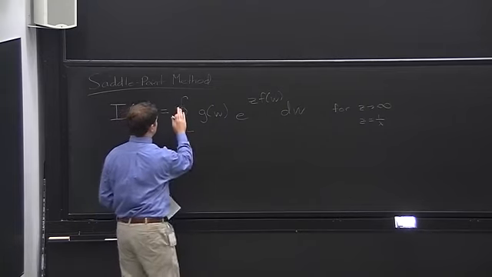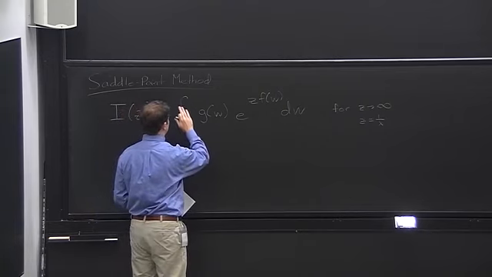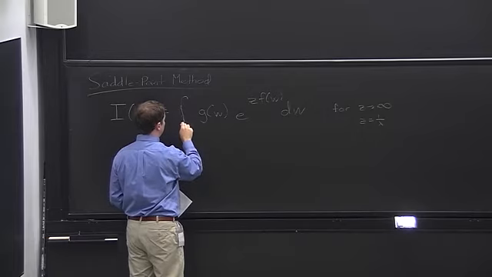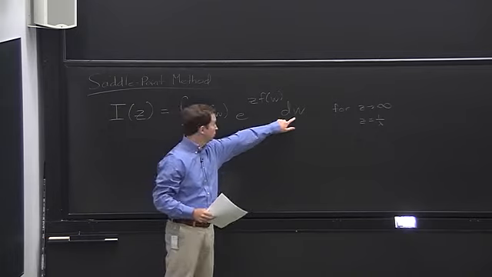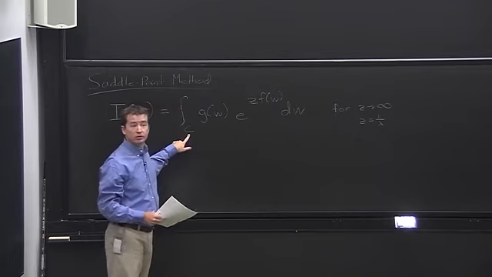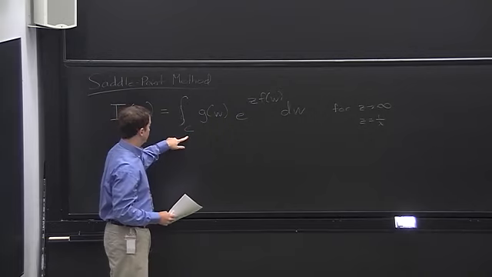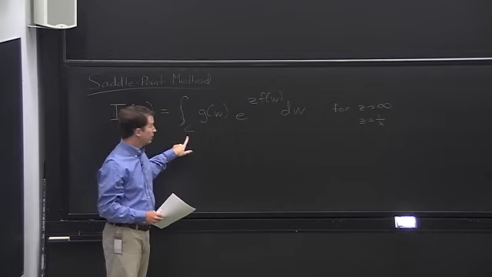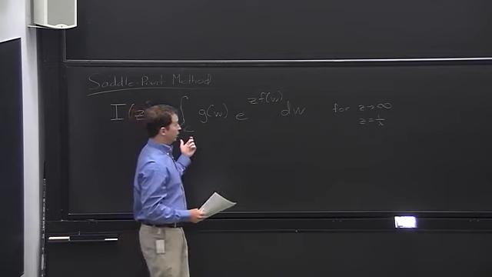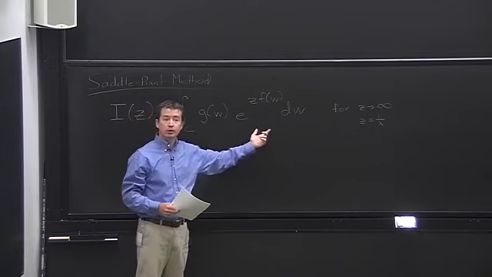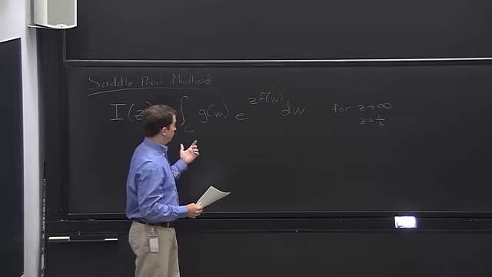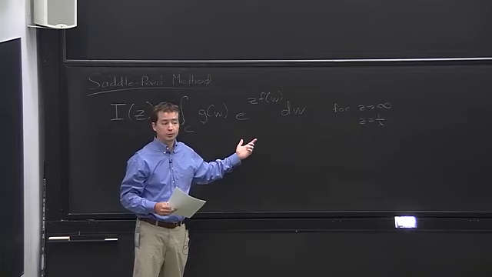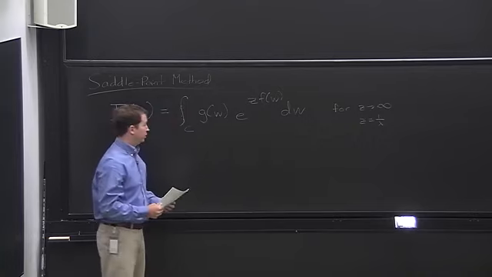And in general, we might be interested in not just real integrals, but complex integrals, where C is some contour in the complex plane. Even if we are interested in a real integral, sometimes in order to apply this method, we'll have to deform it in the complex plane, and we'll see an example of that later today.